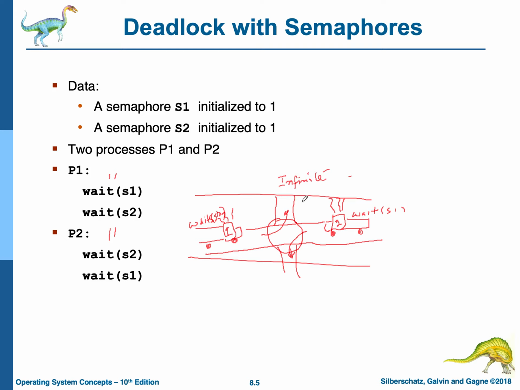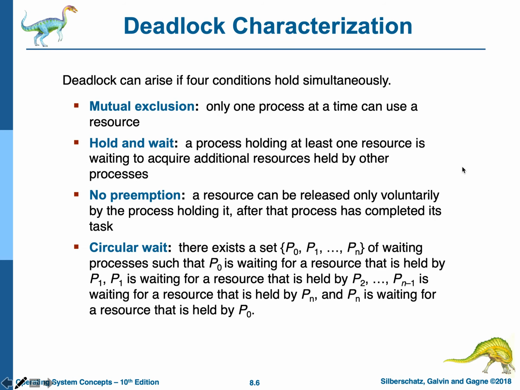This wait is infinite. So in this condition we can say that there is a deadlock. There are 4 characterizations of deadlock, which tell us how we can identify if a deadlock has occurred.